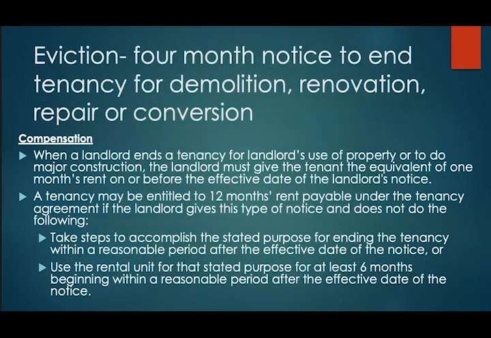And then we have tenants' compensation. If a landlord evicts a tenant for landlord's use, either for the purposes of moving in themselves or having a family member move in, and the tenant discovers that the landlord didn't actually do what they said they were going to do, so the tenant was evicted because a family member was moving in, and then a month later they see the unit for rent, they can apply for dispute resolution, and they will be entitled to 12 months rent payable under the initial tenancy agreement.